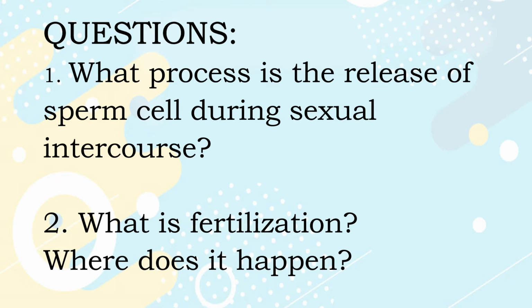Number 2 question, what is fertilization and where does it happen? So fertilization, mga keywords siguro na dapat tandaan is union. Pag-isa ng sperm at egg. Saan ito nangyayari? Sa fallopian tube.